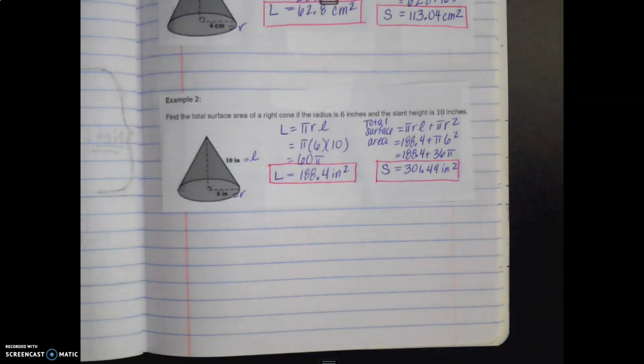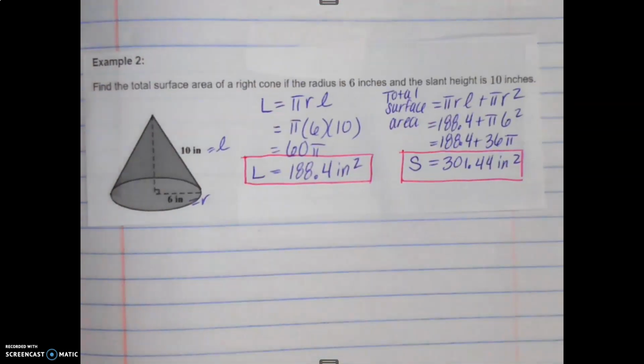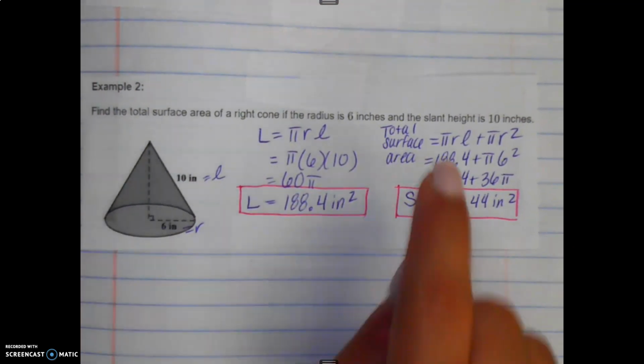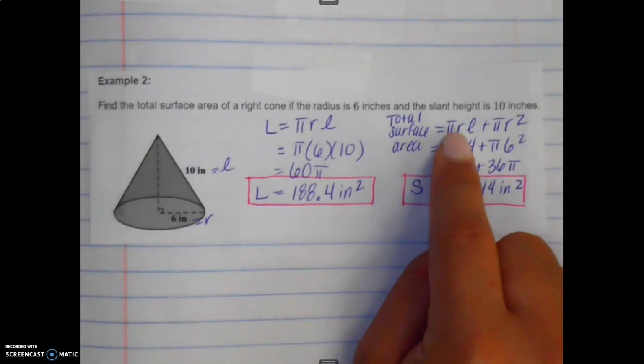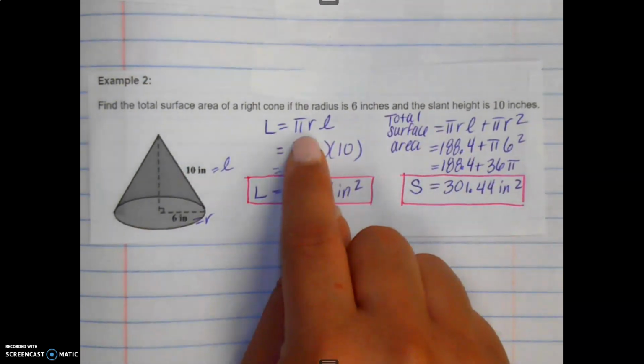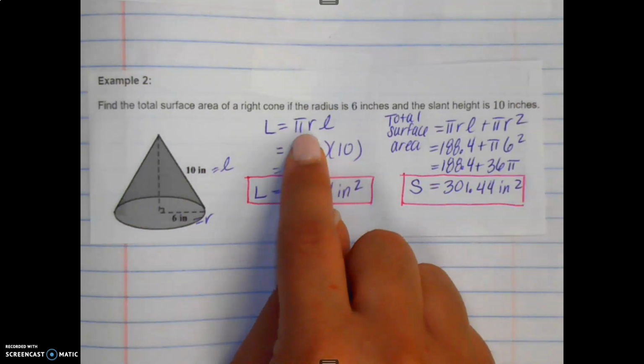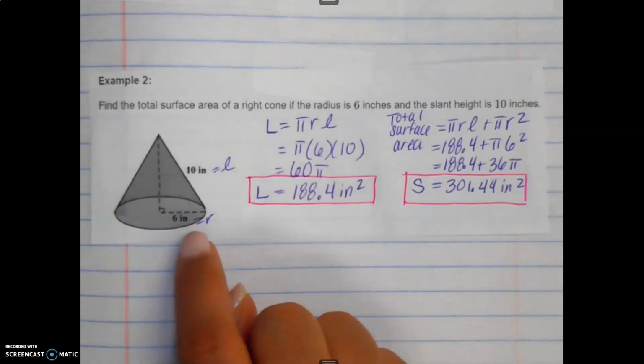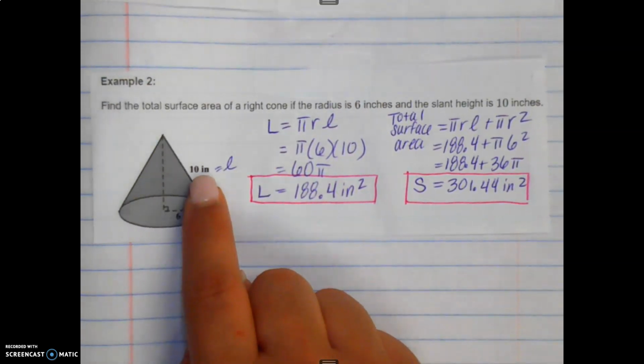All right, on this next example, it says find the total surface area. Well, in order to find the total surface area, you still need to find the lateral surface area. That pi r L is part of the formula. That's the lateral surface area. So I just went ahead and wrote them both down. The lateral surface area, that's the area of the outer edge, is pi r L. Well, my r is 6 and my L is 10.